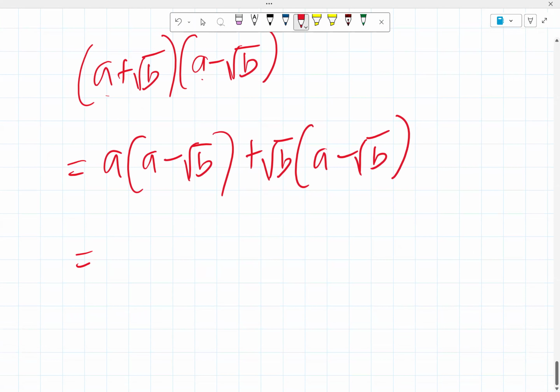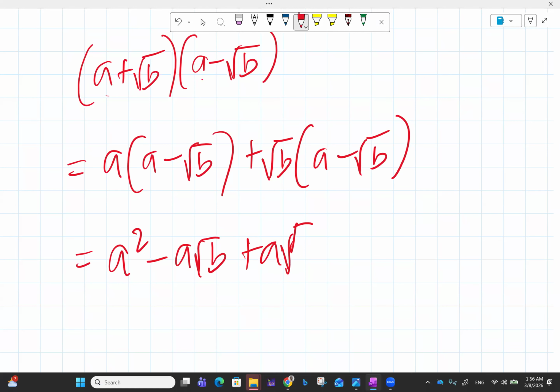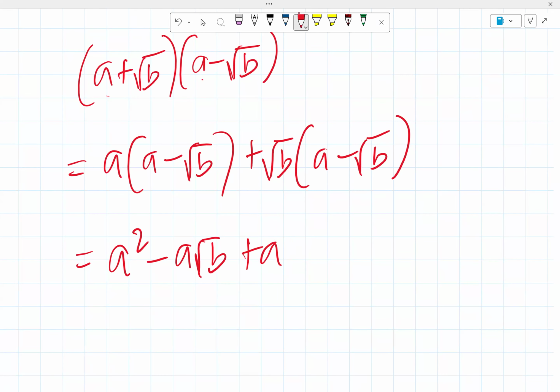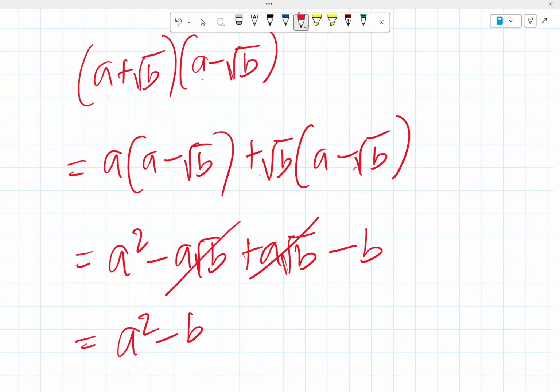You then have a times a is a squared. A times minus root b is minus a root b. Then root b times a is plus a root b. Then plus times minus is minus, root b times root b is root b squared, which is b. So you see this cancels this. All right, so this is a squared minus b.